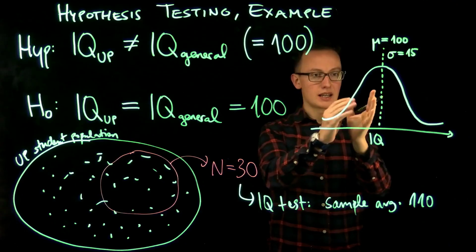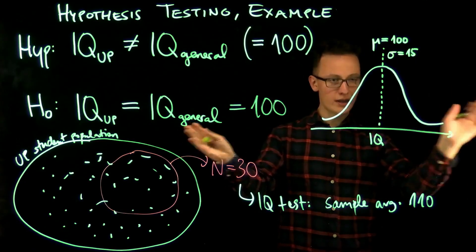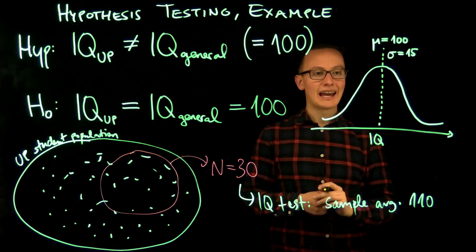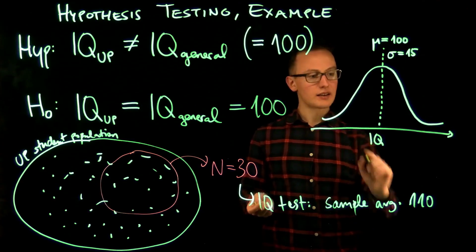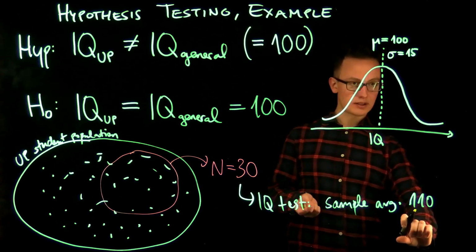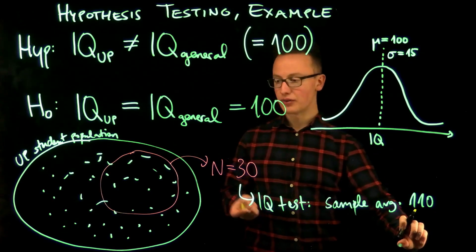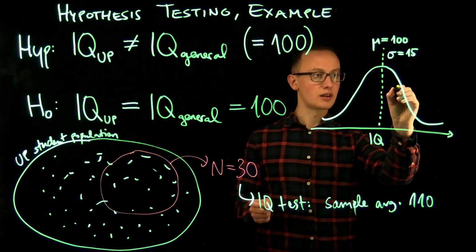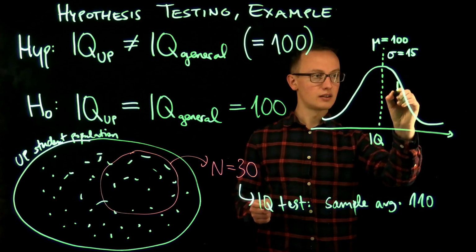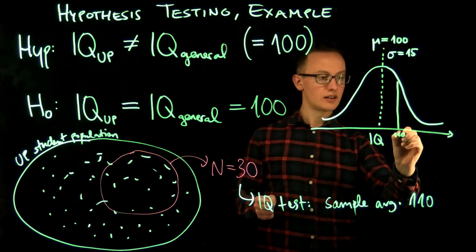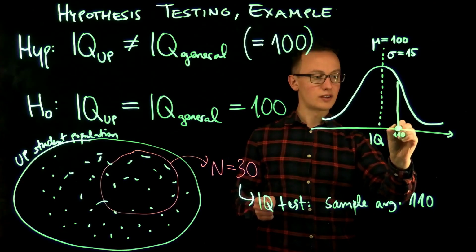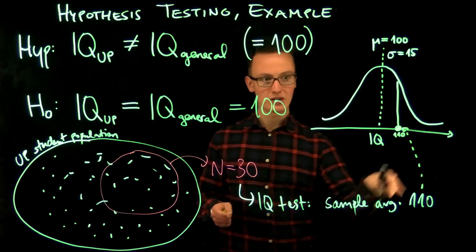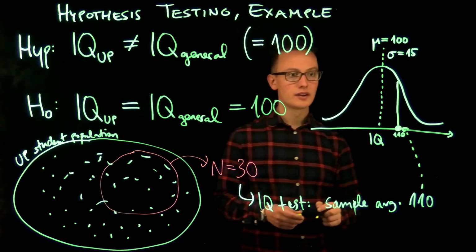That describes basically how broadly spread the values of IQ are across the population. And now we are getting this particular data point. This data point is the sample average out of the sample of 30 Uni Potsdam students, and this was, recall, 110. So let's say here is 110, and this is where our data point lies, the sample average that we have collected and measured from the Uni Potsdam students.